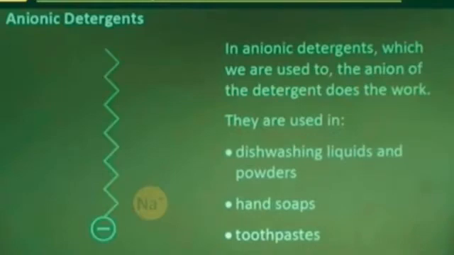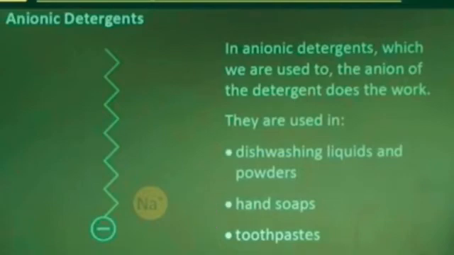Anionic detergents. In anionic detergents, which we are used to, the anion of the detergent does the work. They are used in dishwashing liquids, hand soaps, those liquid soaps that they advertise all the time, and toothpastes.